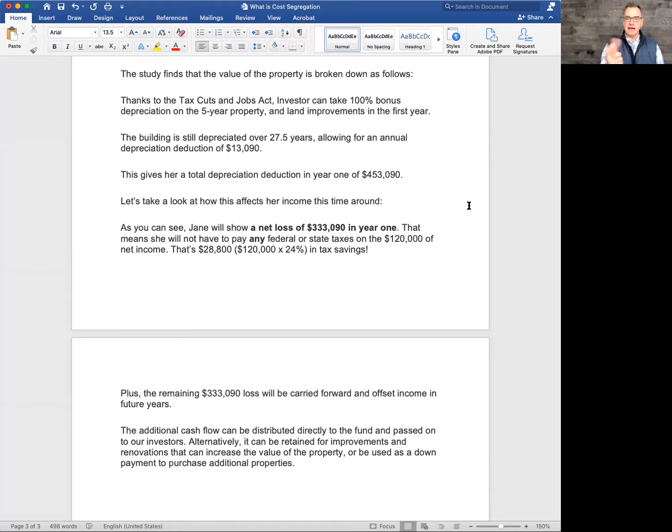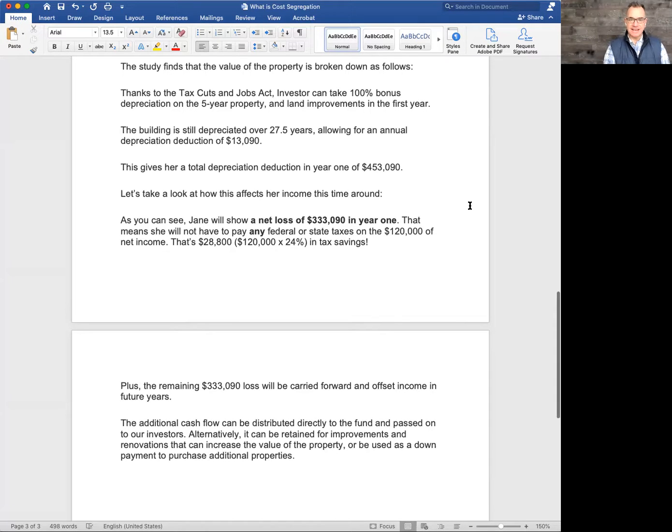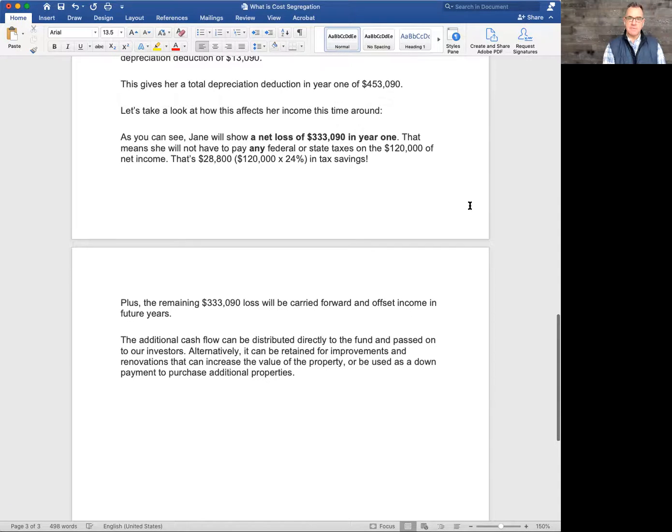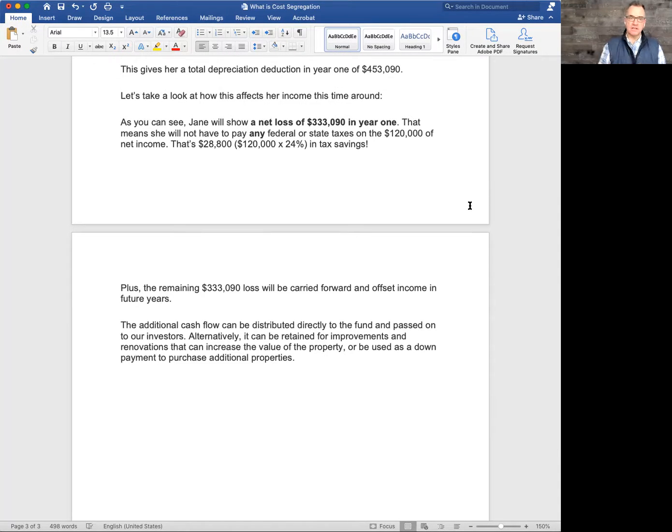Using these calculations, it's an annual depreciation of $13,090 deduction. That gives us a total depreciation in year one, cost segregated, of $453,090. So what does that mean to us in a tax strategy in a 24% bracket? It shows a net loss of $333,000 in year one, because we took it all in year one.